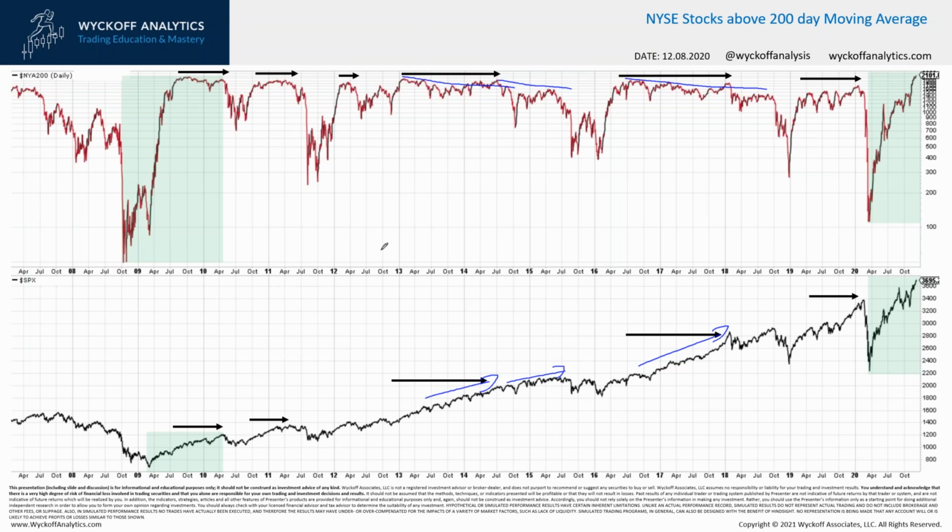And the index is going to have trouble continuing its advance. And I would just point you to the end of 2015 there. You can see that in the fourth quarter, you had a very low reading in this stocks above their 200, and the market was trying to rally up to its prior highs and failed. So those are the kinds of setups that we look for.